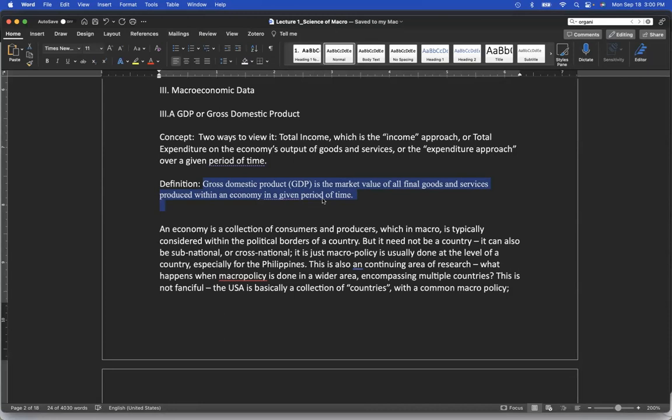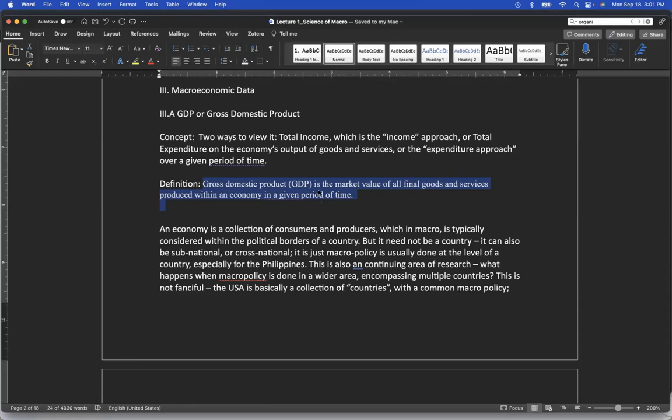Important phrases here: market value, right? So think about, what does market value mean? That means it's in pesos. Next, all final goods and services. There is sort of a desire to measure all final goods and services. Yeah. So all goods and services produced in an economy need to be included. And it has to be time bound. So you're talking about a month, a quarter, a year.